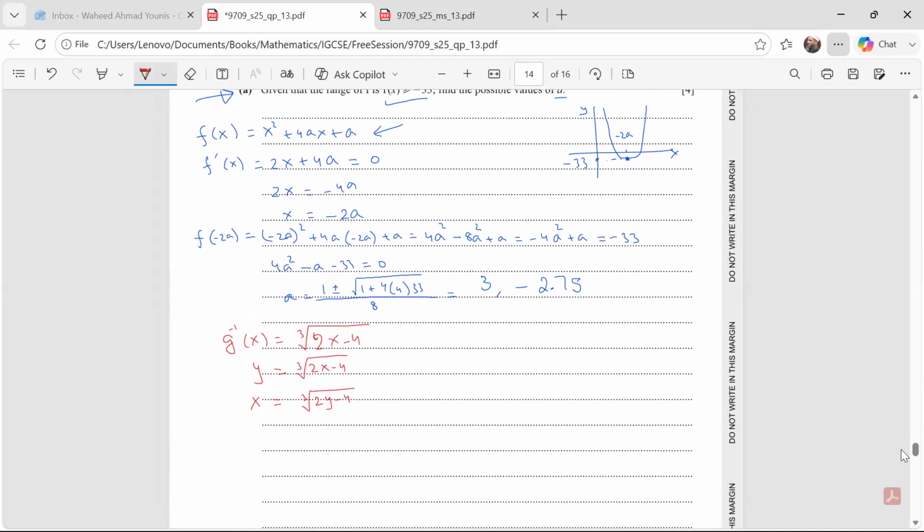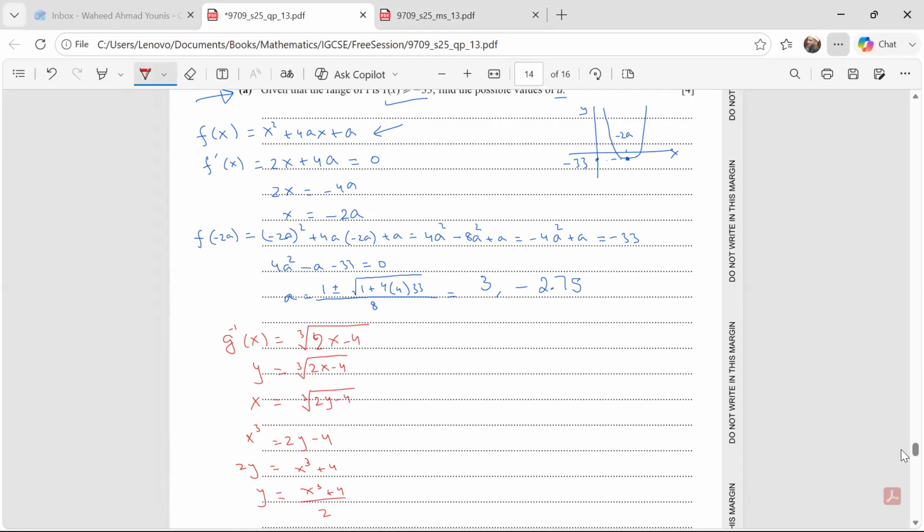And I will solve this expression for the value of y. So if I go by the third power on both sides, this is going to be x to the power 3 equals 2y minus 4. So 2y is equal to x cubed plus 4, and y is equal to (x cubed plus 4) divided by 2.